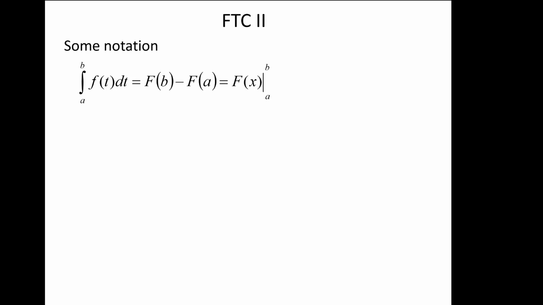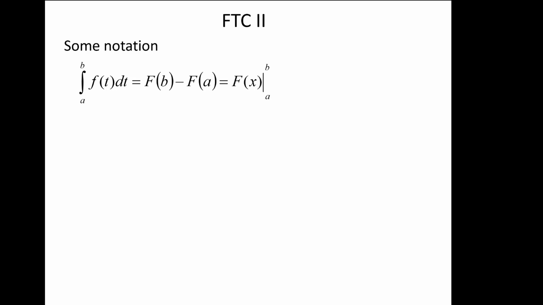As we go through, and as you look at notes and resources and other people's videos online, there's some notation that pops up when we're doing these types of antiderivatives. The evaluation F of b minus F of a, so the antiderivative at the top bound minus the antiderivative at the bottom bound.